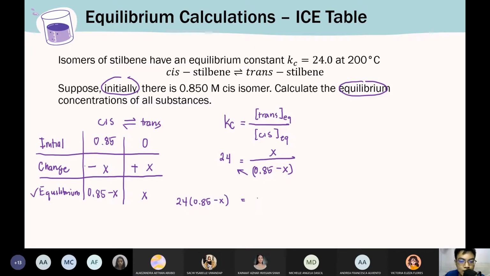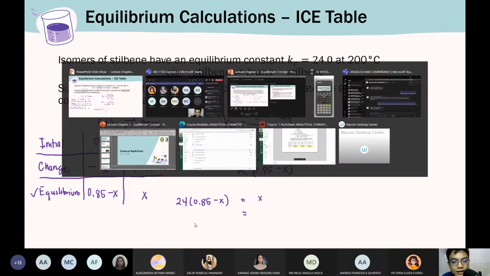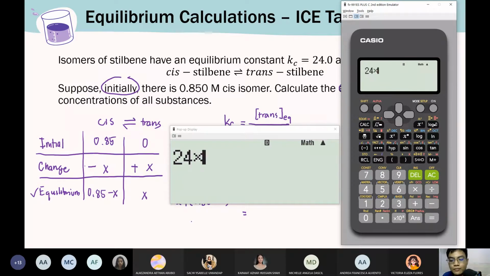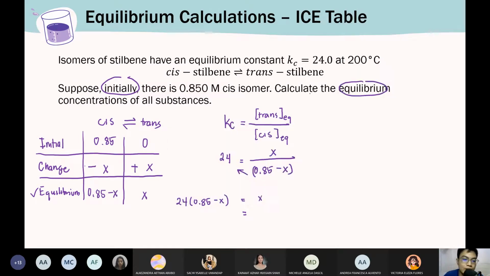And then on the other side, I have x. What's 24 times 0.85? Multiply ko lang ha. Okay. So 24 times 0.85 is 20.4.